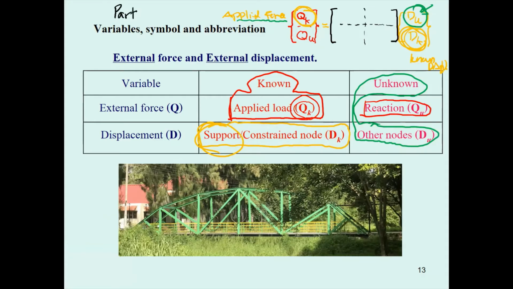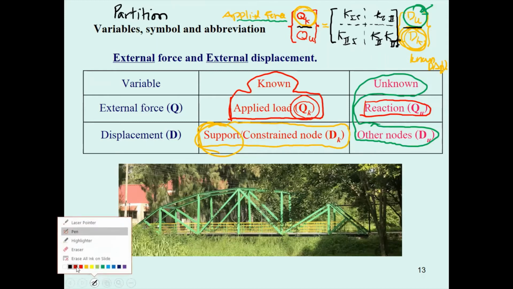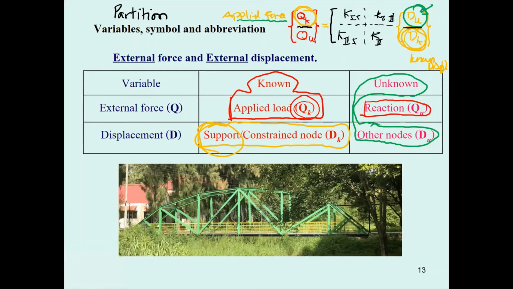We partition the matrix into four parts, based upon the partition of the force and the partition of the displacement. By using this kind of partition, the matrix structural analysis becomes easier.